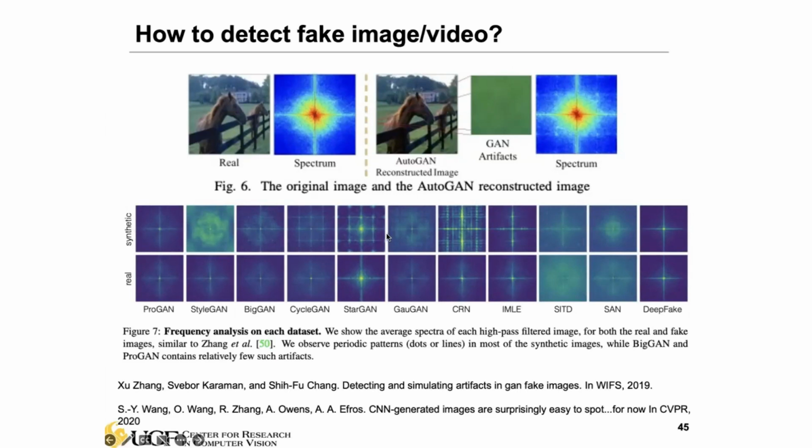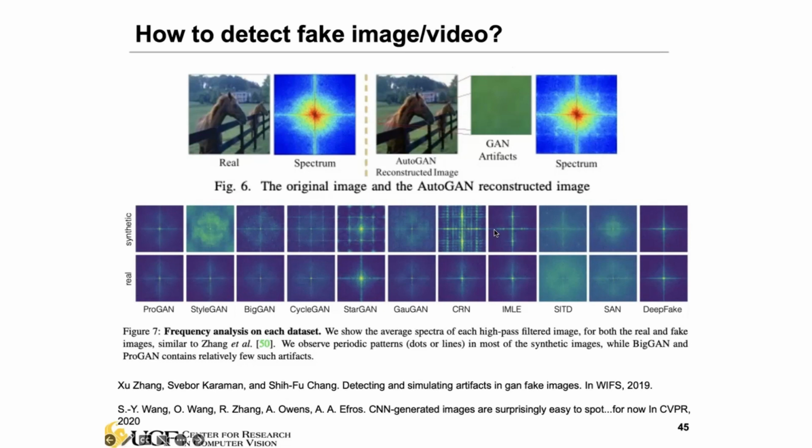The first row is the synthetic image, the generated image. You may not be able to identify or detect that they are fake, but if you go to the frequency domain, doing the Fourier transform, and you look at the spectrum and compare with the original real image, the generated or fake image has a lot of artifacts.